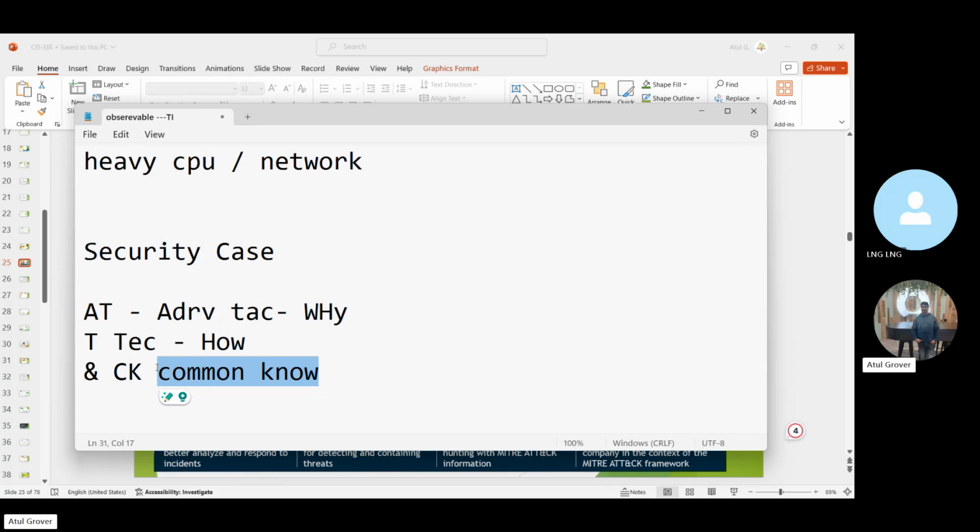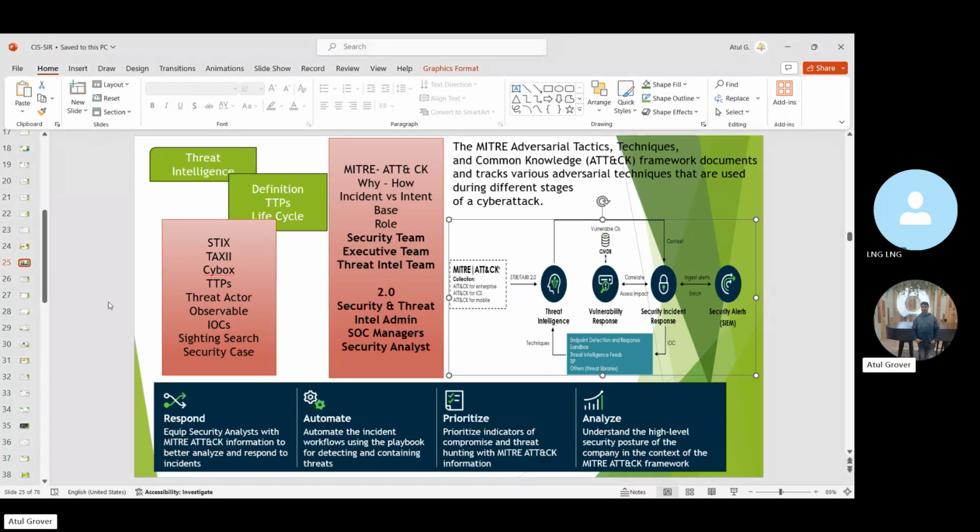Now, if you notice, this has two things: incident versus intent. How you are using this method, this technique: incident based or intent based. You can use this for a specific incident to get the intake, to analyze, to enrich, and finally to remediate that.